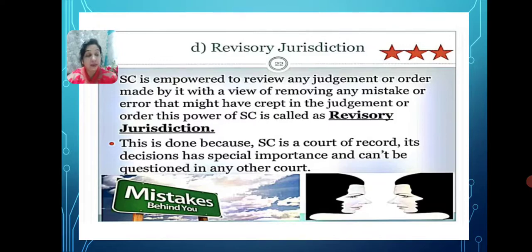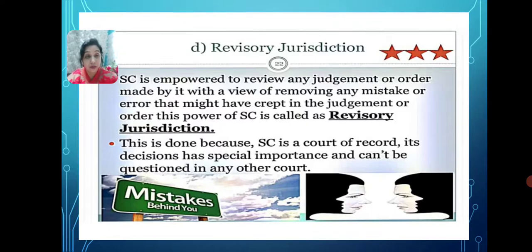Whether the case has come through appellate jurisdiction, original jurisdiction, or revisory jurisdiction, the first thing is that revisory jurisdiction is used to find out why this case has come from a lower court to the superior court, or from the High Court to the Supreme Court. It will find out if any mistakes were made by the lower courts, the High Court or even subordinate courts, and that will be corrected by the Supreme Court.